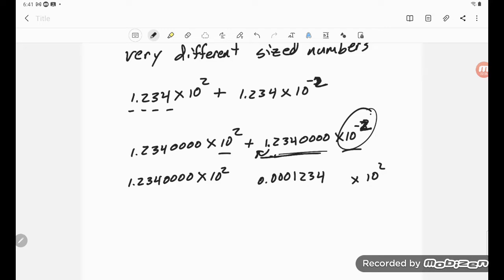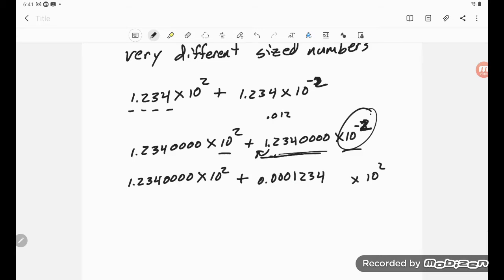I think I have that correct. Because the original number is actually 0.01234, and if I multiply this number by 100, I'll get up here to 0.1234. So I can check my work, and that looks good.